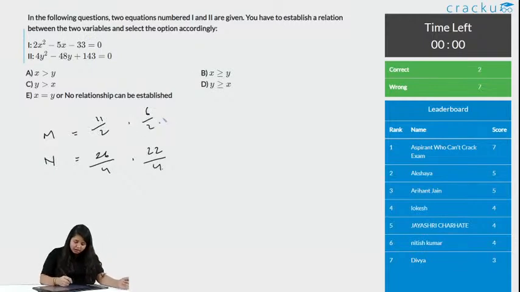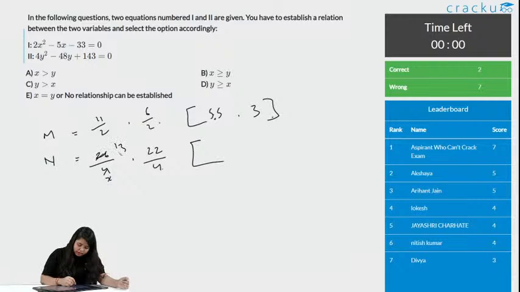Okay. So, the values are 5.5, okay, and 3. Similarly, here the values are 13 by 2, that is 6.5, and 5.5.